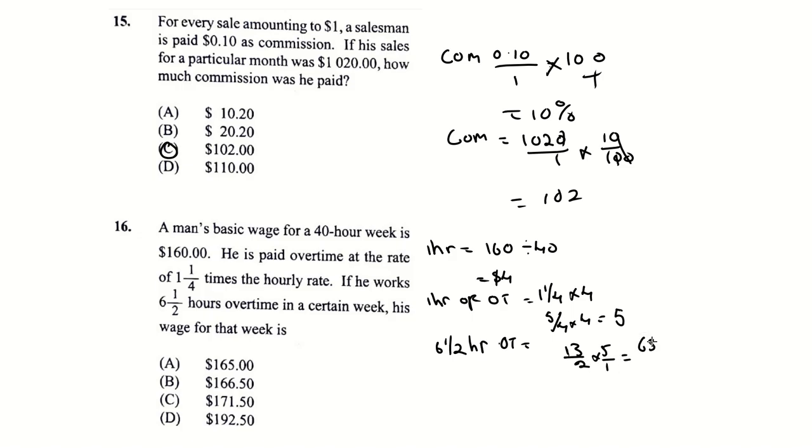Which is 65 over 2. 2 could go into 6, 3 times, 2 could go into 5, 2 times, so it's $32.50. Alright, so 160 plus 32.50 would give you his total wage, which is D, $192.50. This is our next repeated question, right?